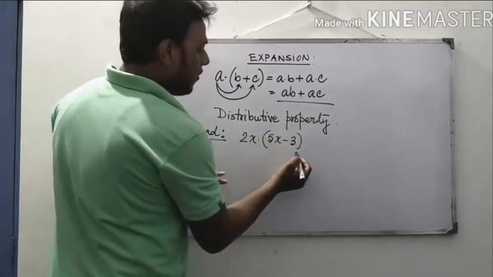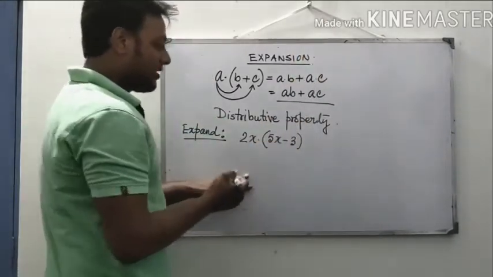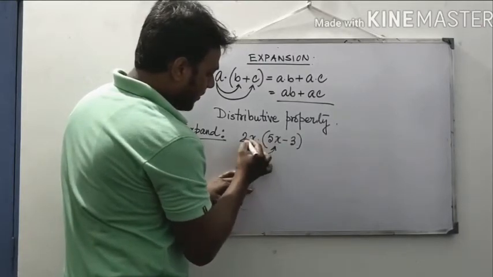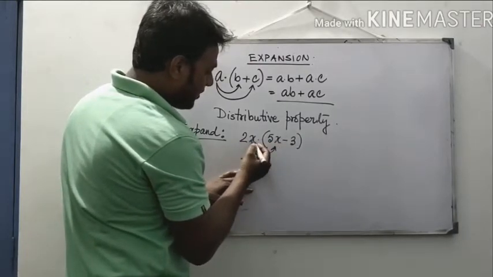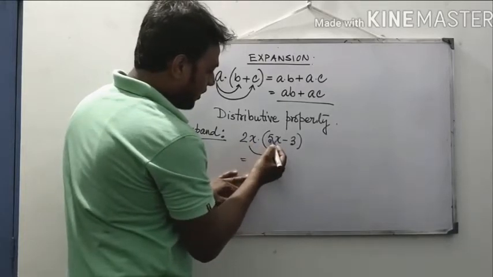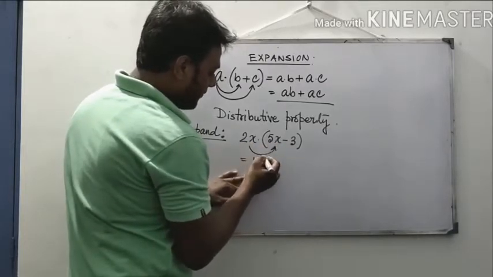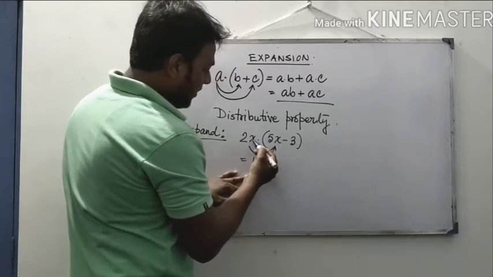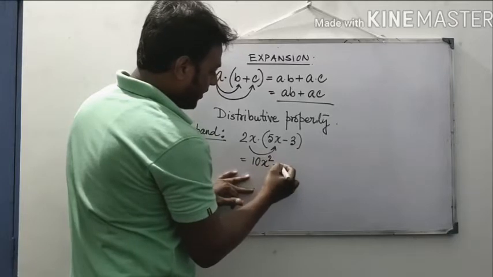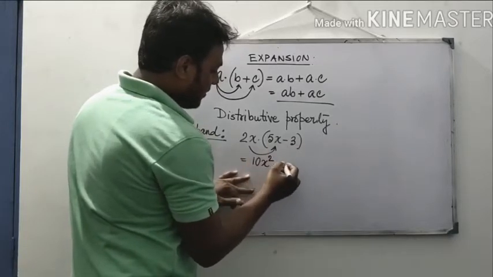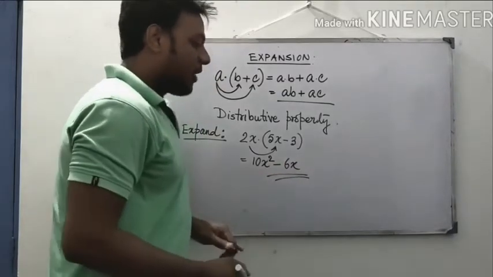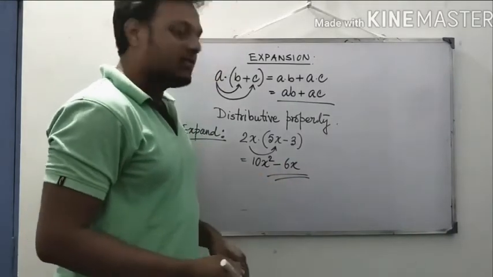All of you are able to expand it. First multiply the integer part: 2 into 5 is 10, and the algebraic part, x into x, means x square. Minus is there, so minus 2x into 3 means 6x. So this is the expanded form.